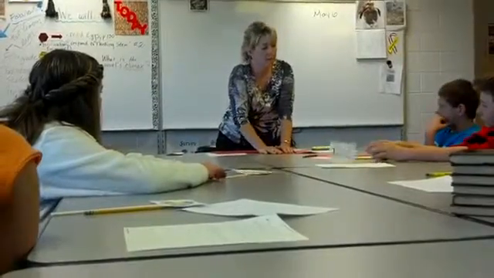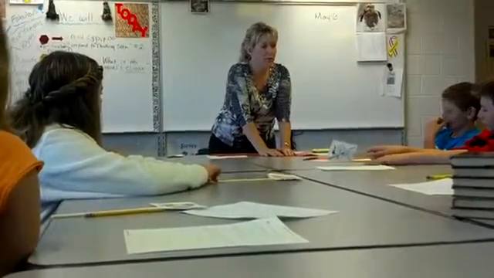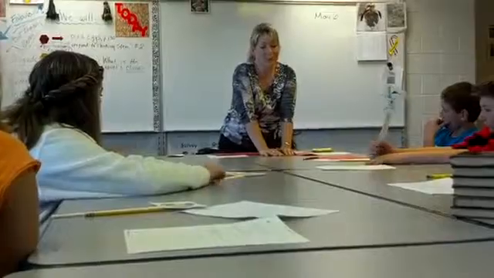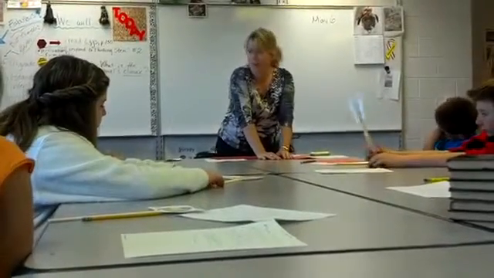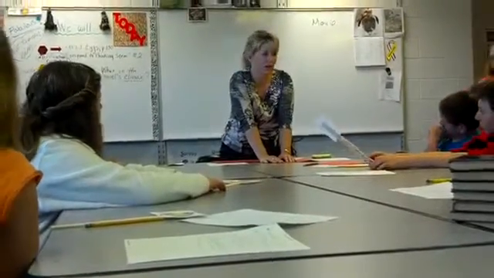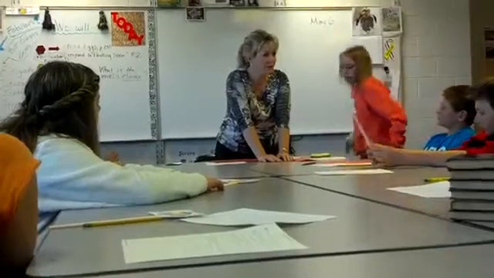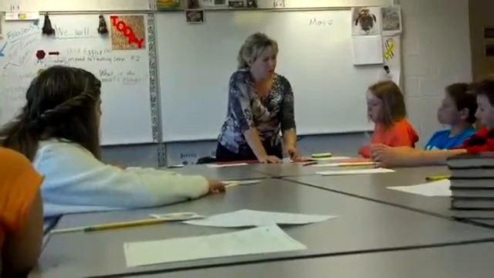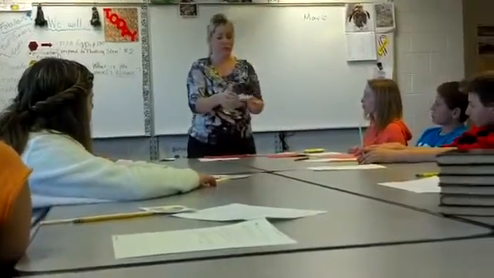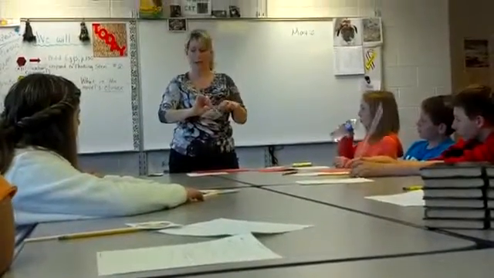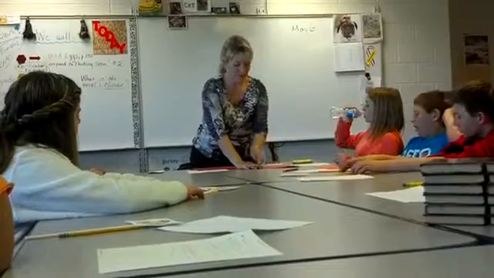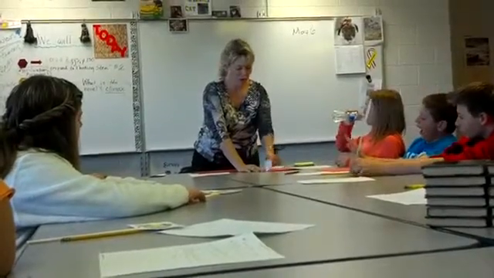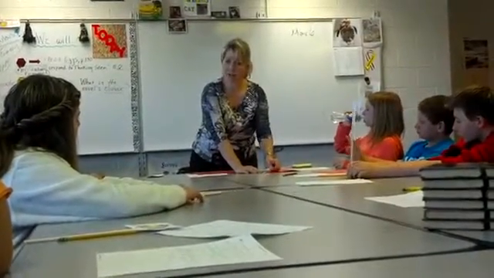So whether you use the context clues that are in the story, what you think it is, what I'd like you to do is think about what you think it is, and then actually check the dictionary to make sure it is correct. And then write down the definition underneath. You can either do it one of two ways. You can put the word here and then define it on the back like this. So when I flip it like this, I can see the definition. Or you can do the definition on the red. I'll let you decide how you want to make it look.